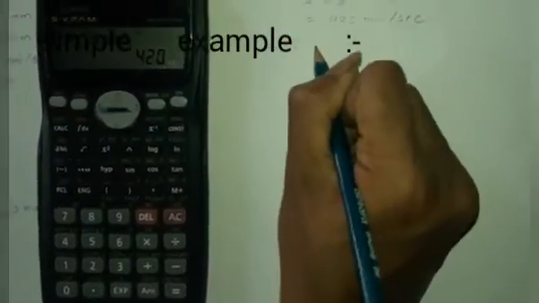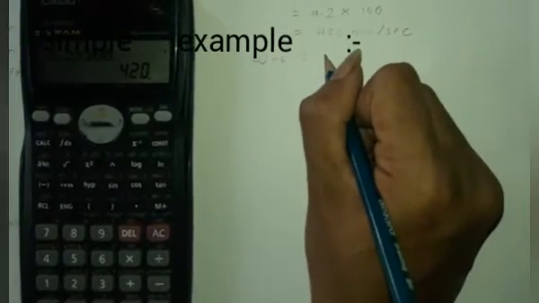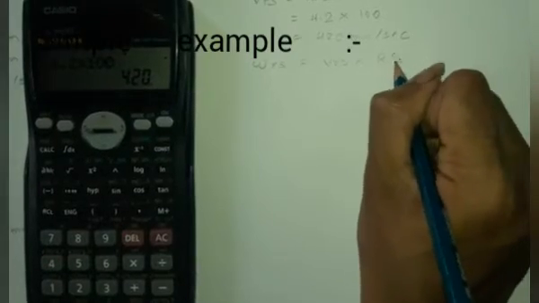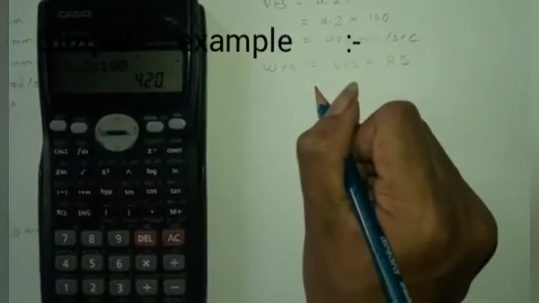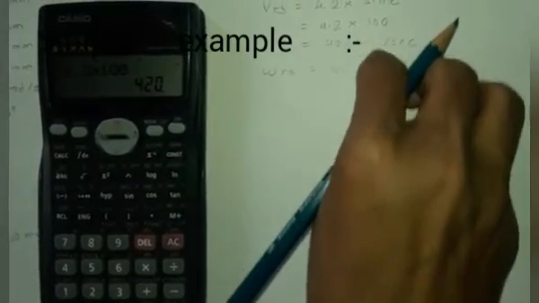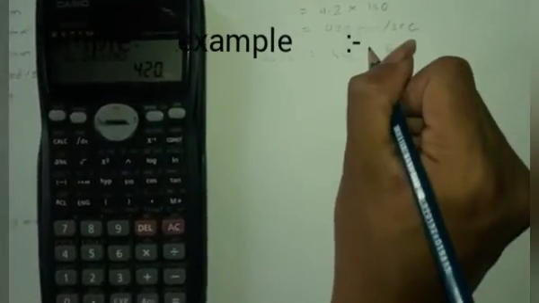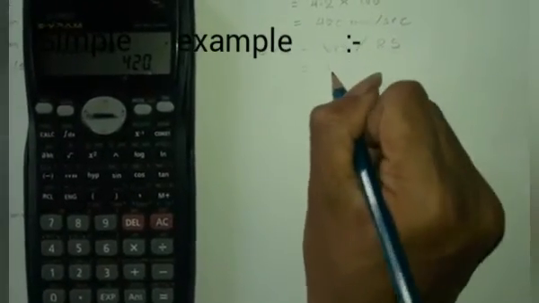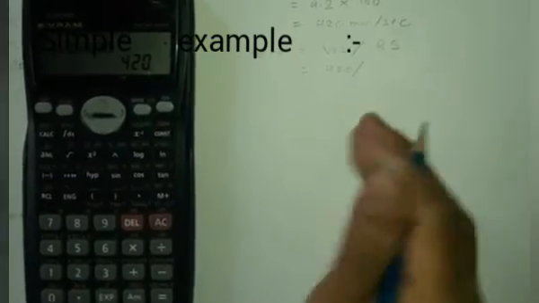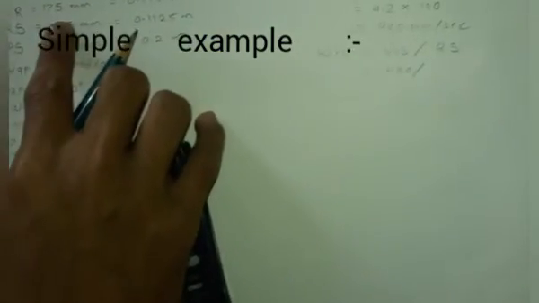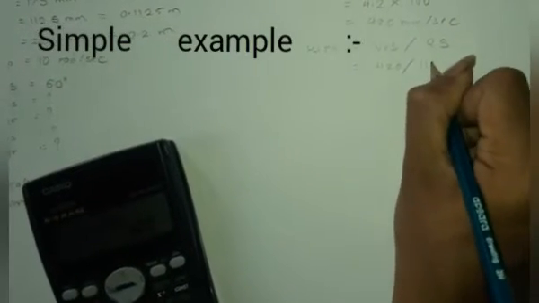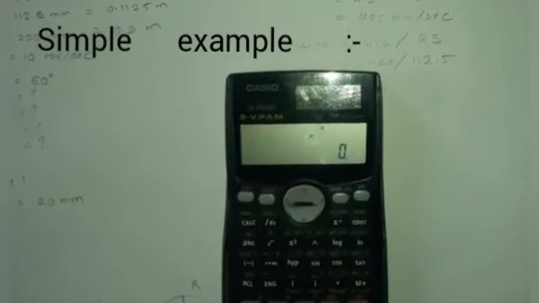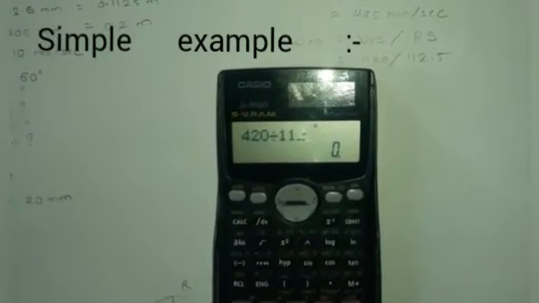So now we get angular velocity of RS, which is velocity of link RS divided by length RS. So it will be 420 divided by length of RS, which is 112.5.